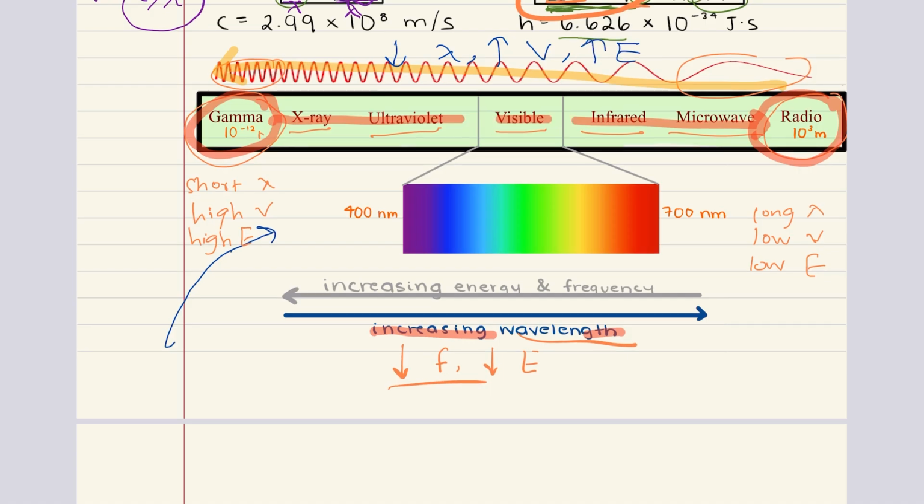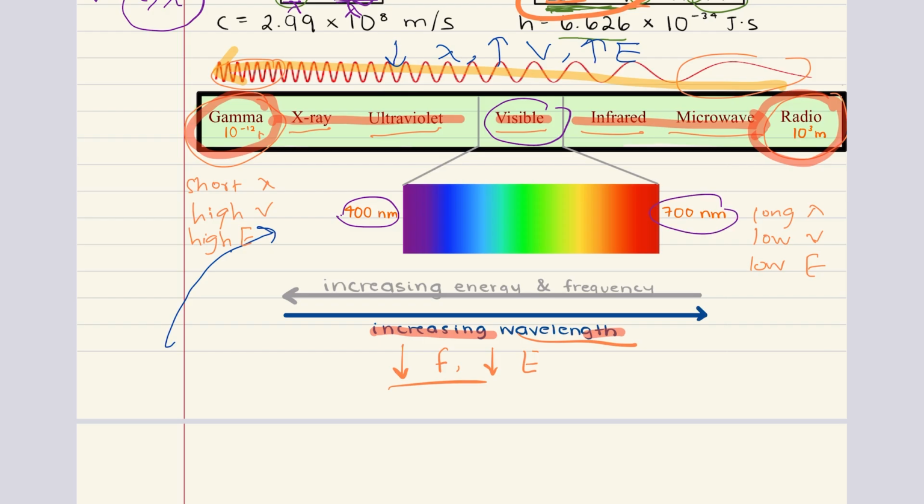One particularly important section of the electromagnetic spectrum is visible light. This is the portion of the electromagnetic spectrum that our eyes can detect. This range spans wavelengths from approximately 400 nanometers to 700 nanometers.